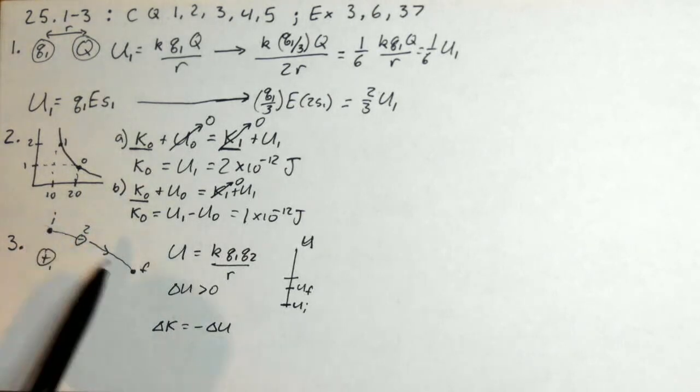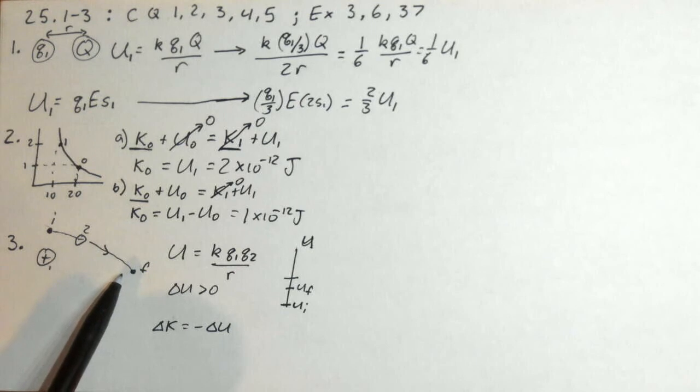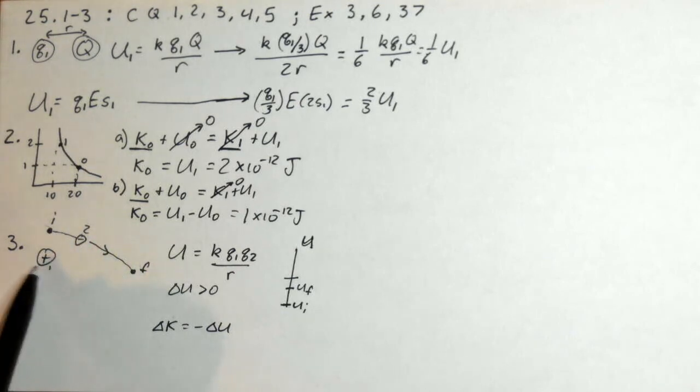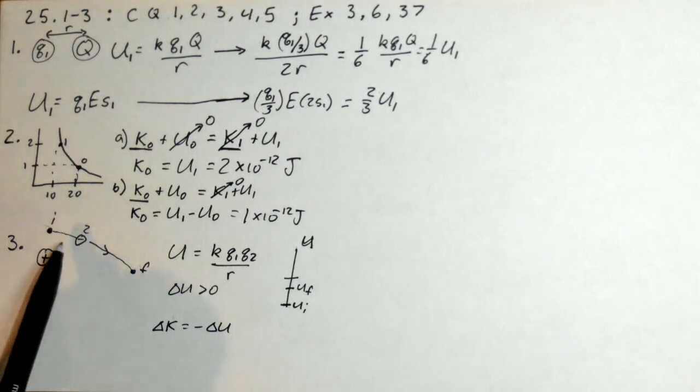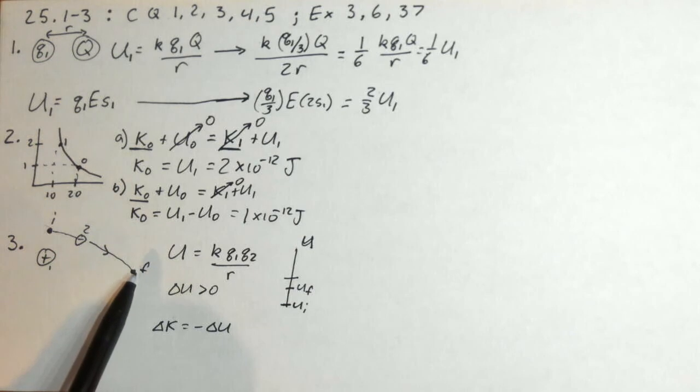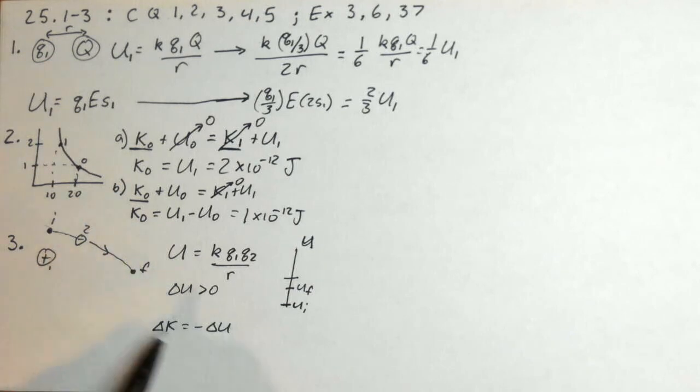So if it's moving like that, it's moving against this pull, which means it should slow down. And that's indeed what we found here. Our kinetic energy is decreasing because our potential energy is increasing. Okay, very good. Now let's move on to number 4.